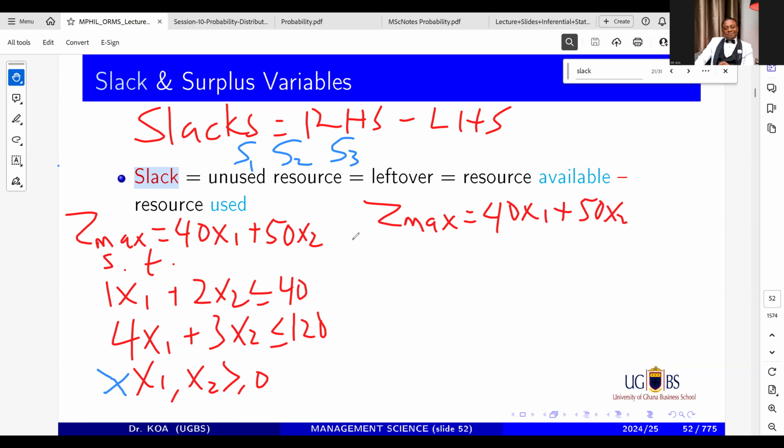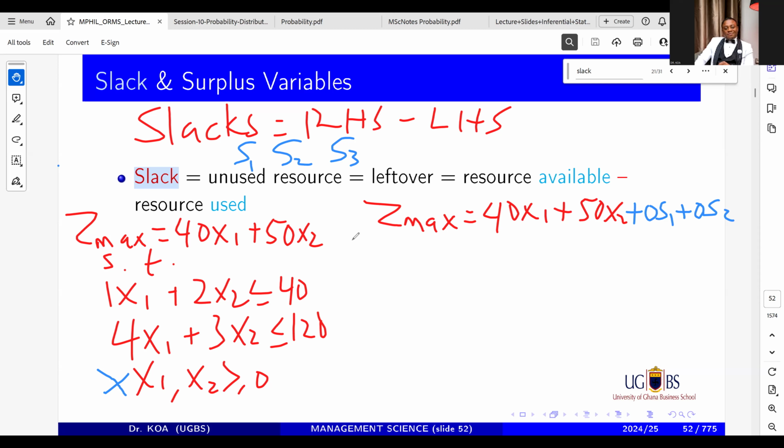But in the objective function, when you are writing the slacks, you attach 0 to the slacks. Why? Well, the reason why you attach 0 to the slacks is because the slacks contribute nothing to the objective function. Take, for example, if you are supposed to go and work from 9 o'clock to 5 o'clock, 8 hours a day, and instead of working 8 hours a day, you got to the office at 1 o'clock.